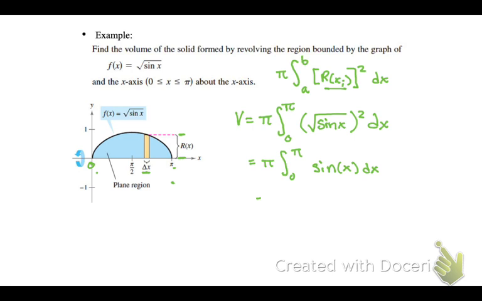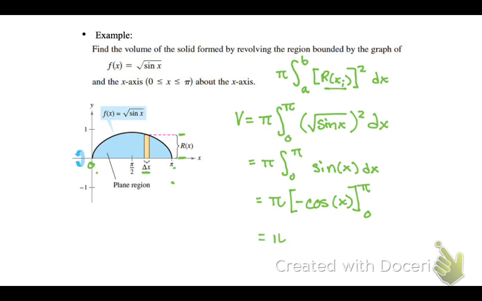So I have pi of negative cosine of x from 0 to pi. Yes?